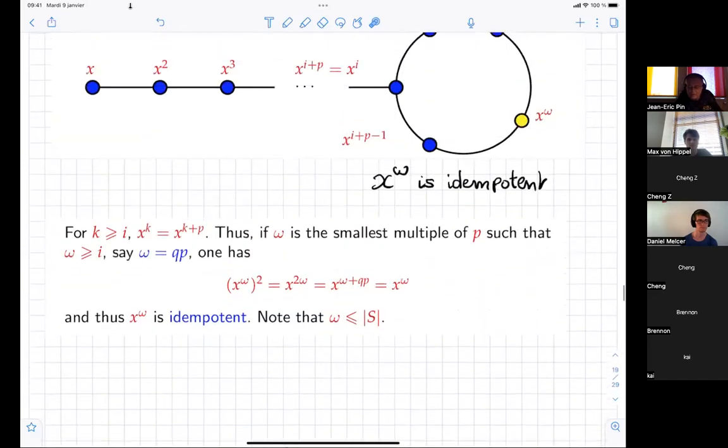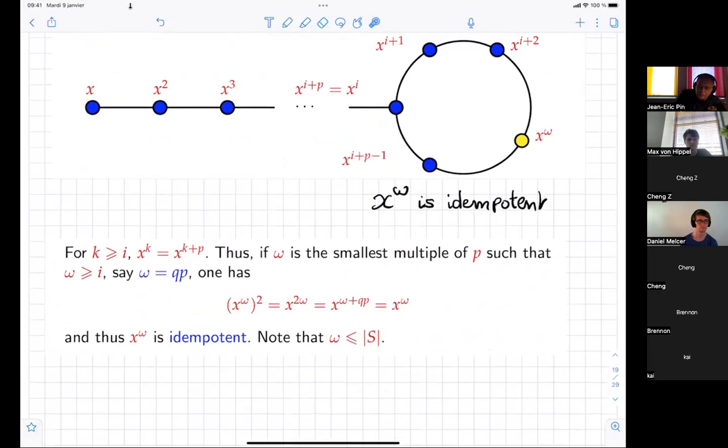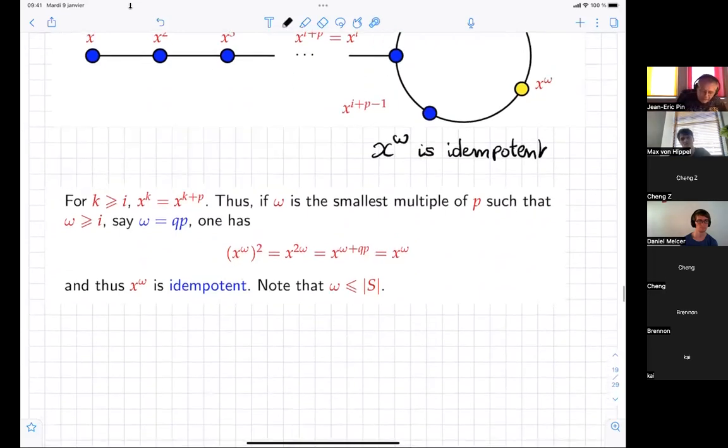Okay, but there is something very, very remarkable. Suppose that I have now a monoid of size n.